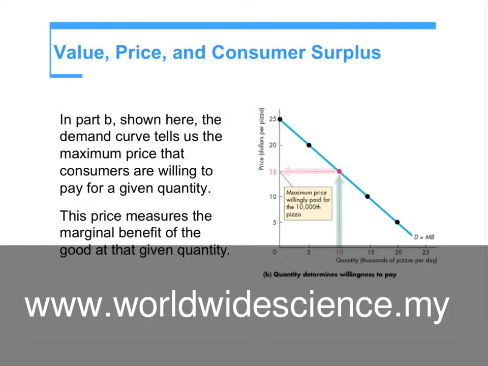They won't be willing to pay any more than that with this quantity. So the price measures the marginal benefit of the good at a given quantity. So at a certain quantity, the price of a given good is here, as you can see.